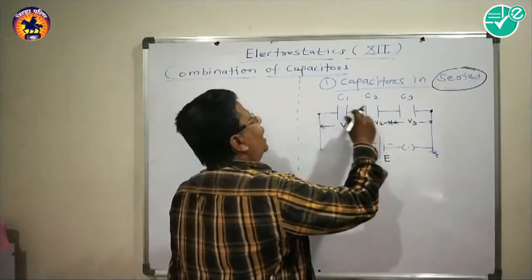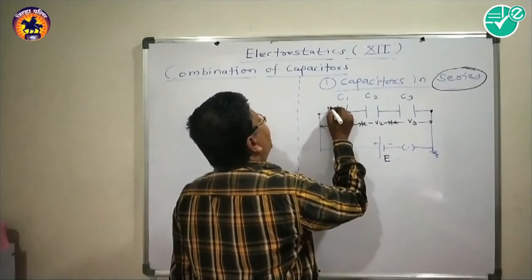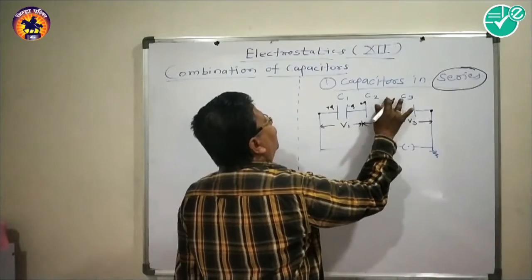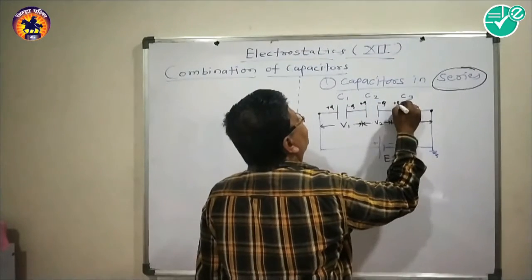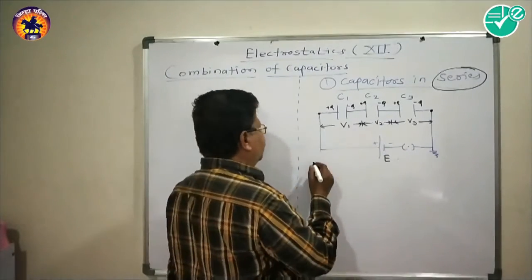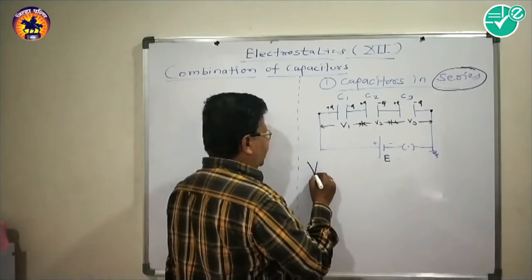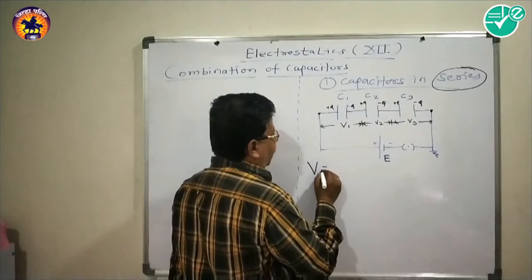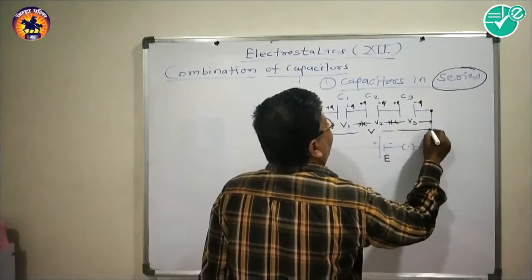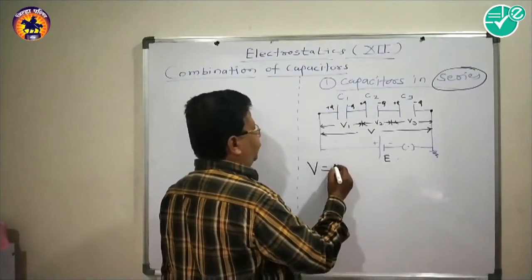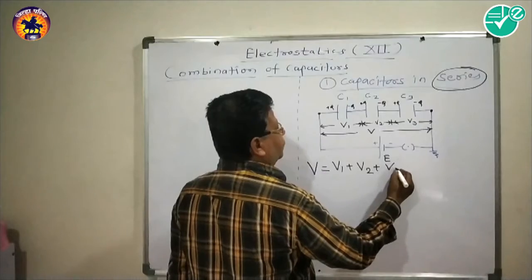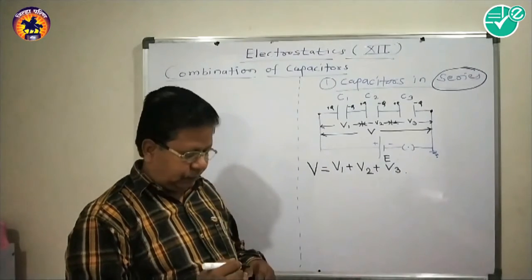But the charge on each capacitor is the same, of magnitude plus Q. So the potential difference across the series combination, that is V, is equal to the sum of the potential differences across the three capacitors.